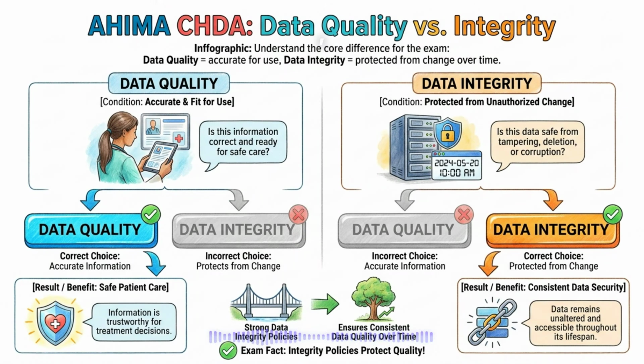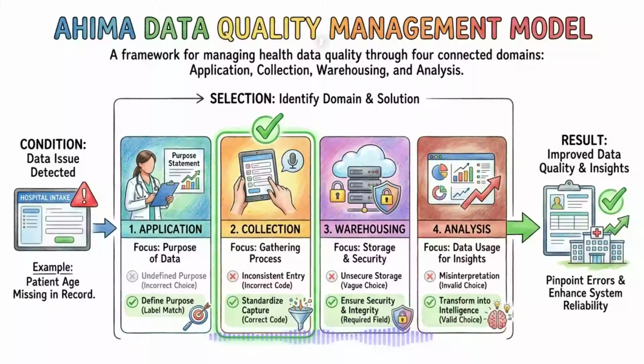Data integrity is a slightly different concept that focuses on keeping the data safe from unauthorized changes, accidental deletion, or corruption over its entire lifespan. For the exam, remember that you need strong data integrity policies to ensure that your data quality remains consistently high over time.